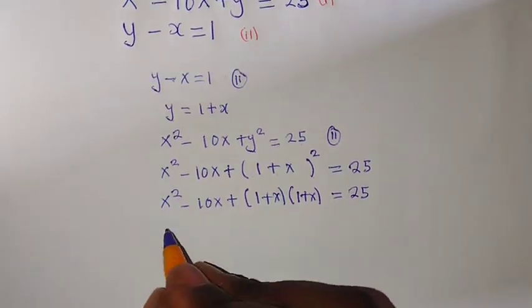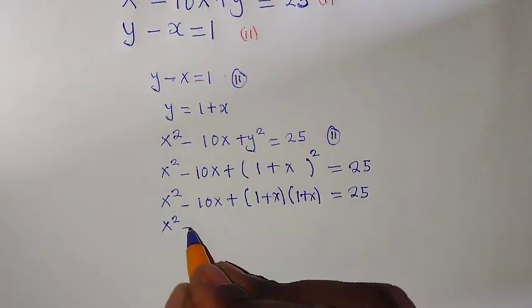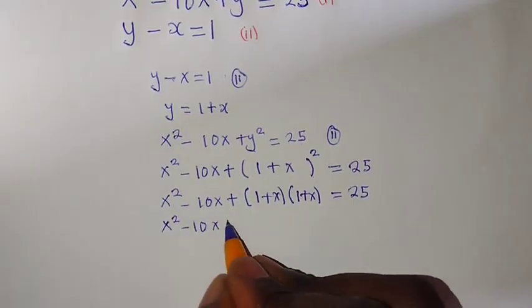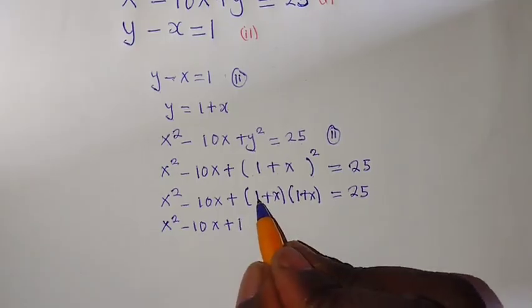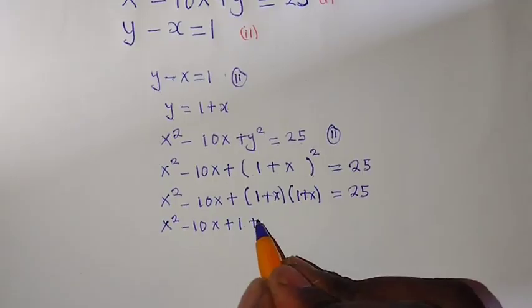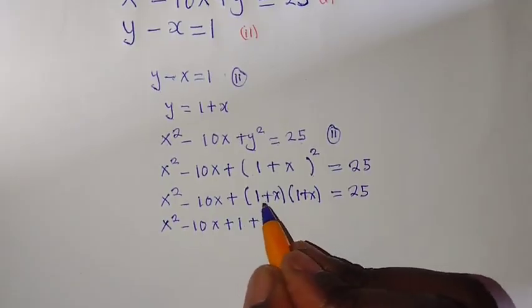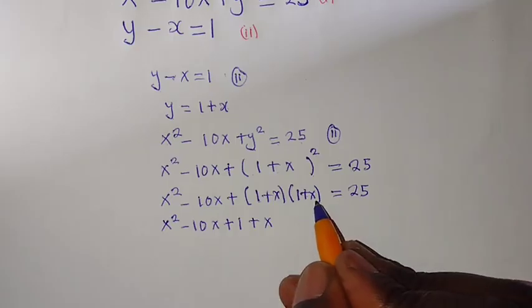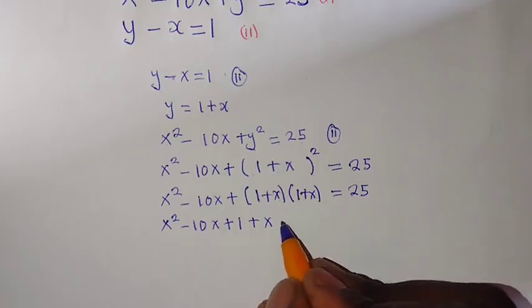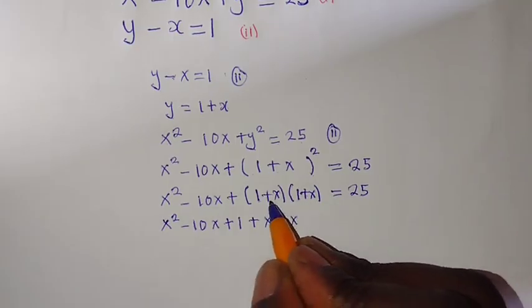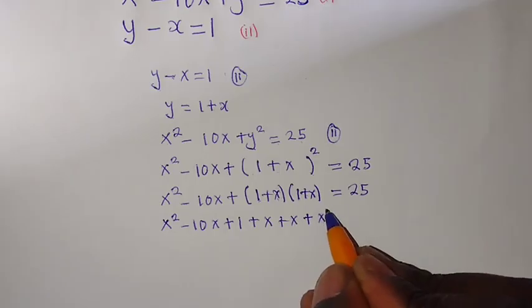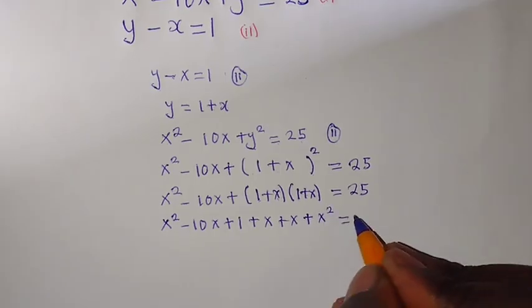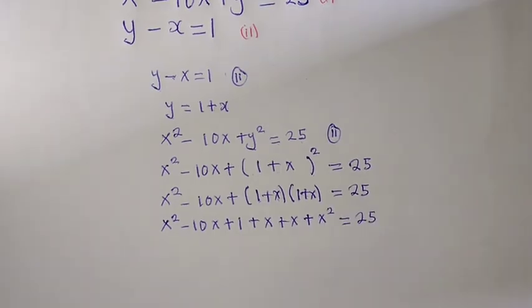Then from here, we can now write x squared minus 10x plus, we expand 1 times 1, it's a 1. 1 times positive x, you're going to get positive x. We are done multiplying 1 with these terms. We come to positive x times 1, we get positive x. Positive x times positive x, we are going to get positive x squared, which is equal to 25.